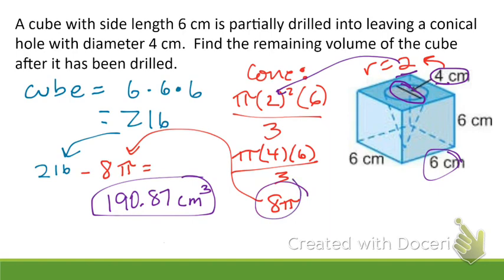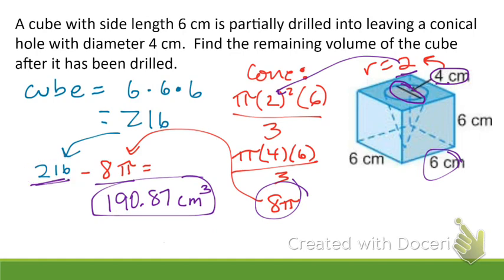So now, if I'm going to take away the cone from the cube, I'm actually going to subtract it. So the cube is 216 centimeters cubed, and then the cone is 8 pi centimeters cubed. And because the 216 doesn't have an 8 pi, you can't really subtract those.